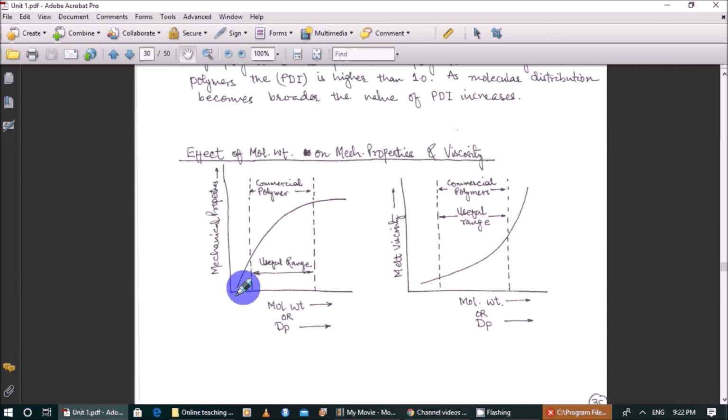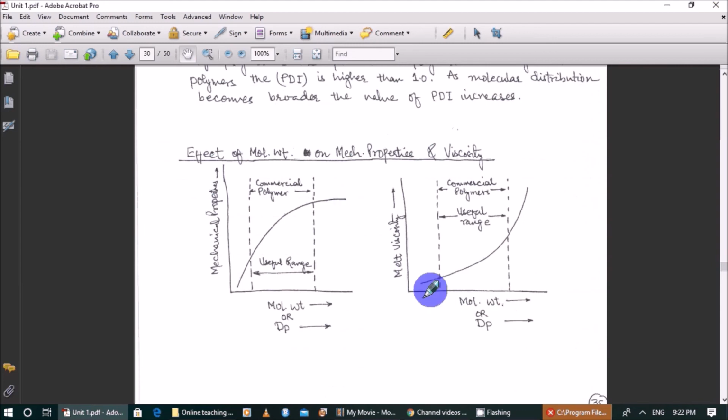So when we increase the molecular weight of the polymer, we see that the mechanical properties are also increasing. But after a certain molecular weight, this further increase in the mechanical properties stops and this curve gets flattened. That means if we further increase the molecular weight of the polymer, we will not get any benefit in terms of the mechanical properties.